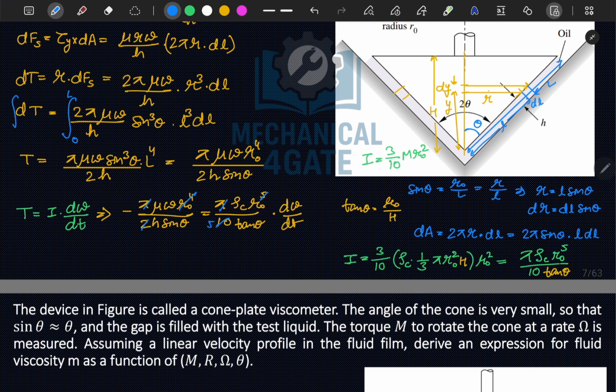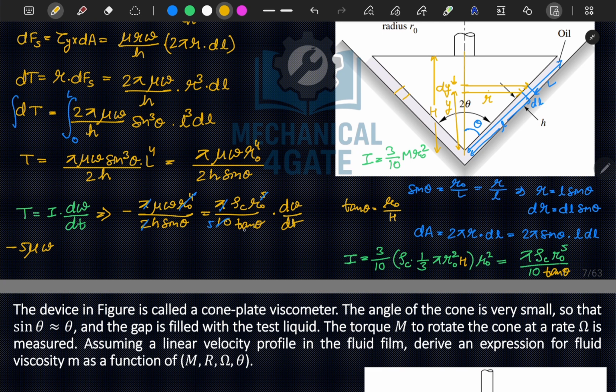So here what will we obtain? We will obtain negative of mu omega. Now again from here, let's take 5 also here, 5 mu omega times 5 mu omega.